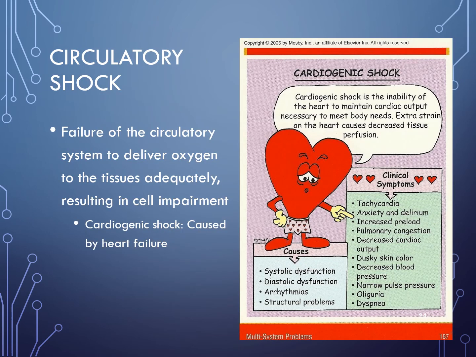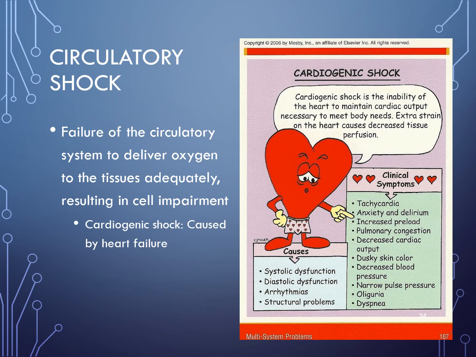So coming into the home stretch here, we're going to talk about some different types of circulatory shock. Circulatory shock refers to the failure of the circulatory system to adequately deliver oxygen to the tissues, which can result in damage to our cells. So the first type that the book talks about is cardiogenic shock, which results from any type of heart failure.